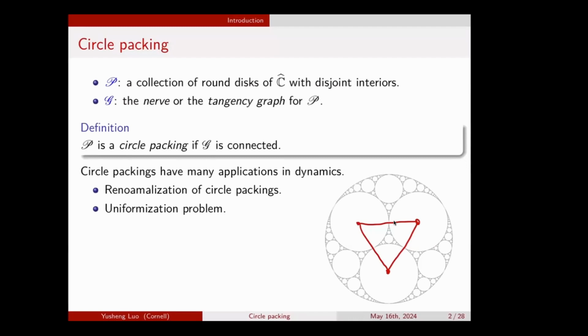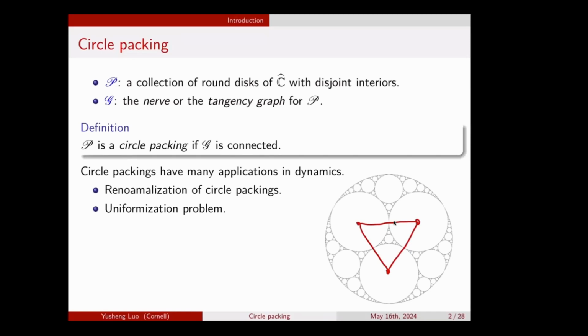So that's the main player of this talk. In this talk, I want to discuss some theorems about renormalizations of these circle packings and some applications to uniformization problems, which is ongoing joint work with Dimitris.